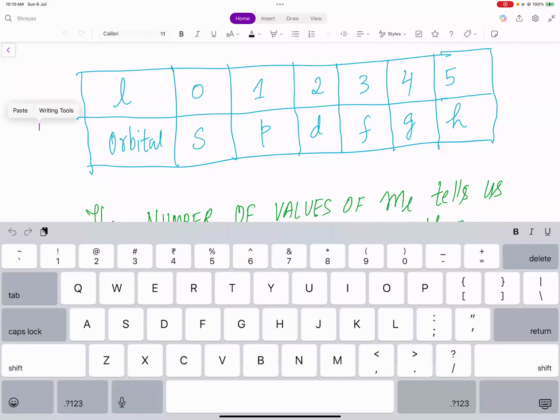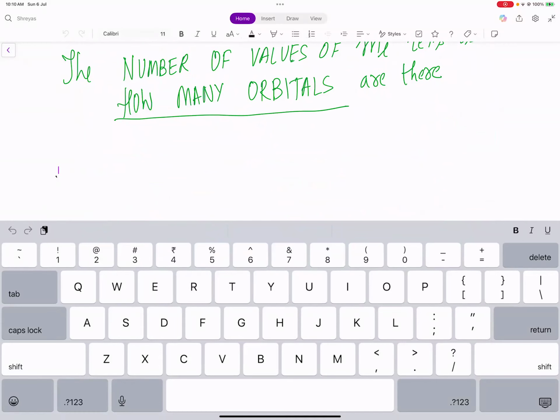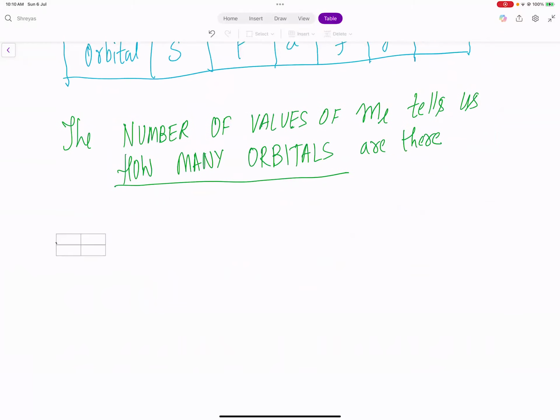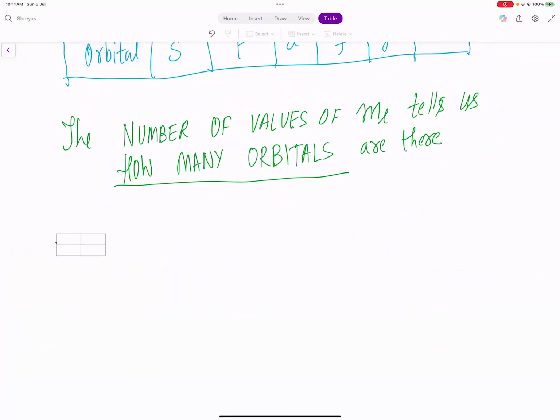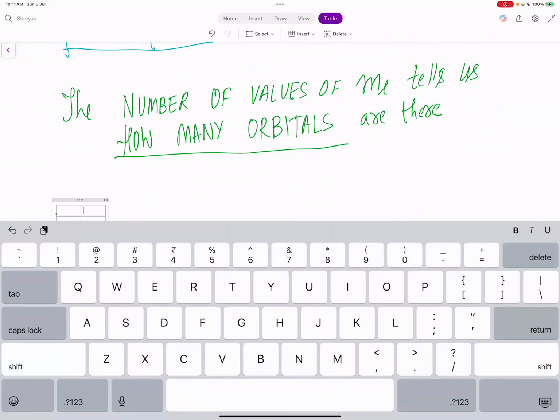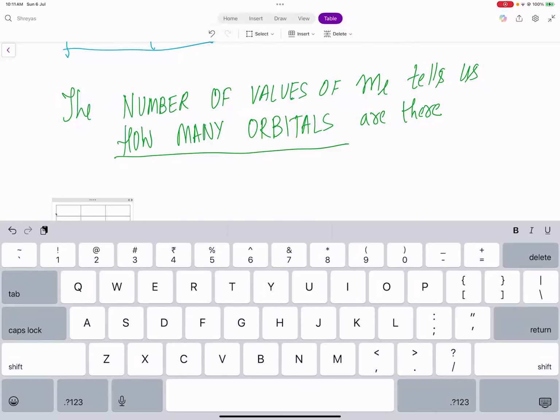Why is it like this? Only God knows. Great. And now I have to pull some more magic, I think. Oh, yes, there it is. Go to this table and insert columns right and L. Insert column right.